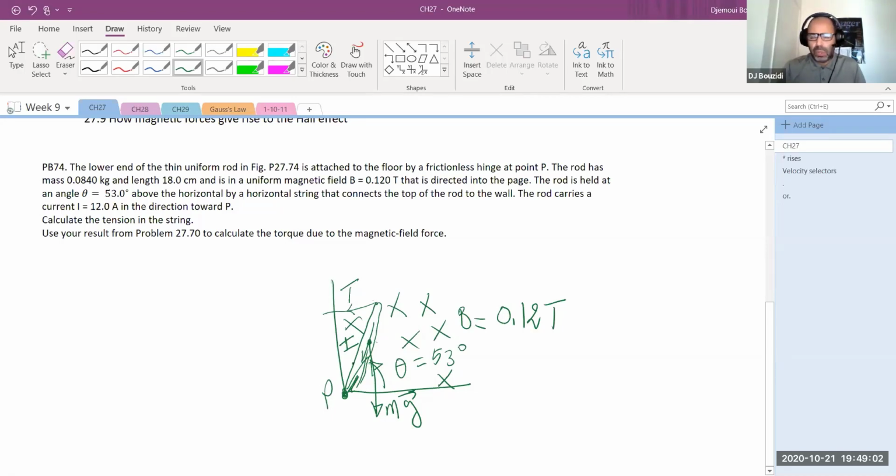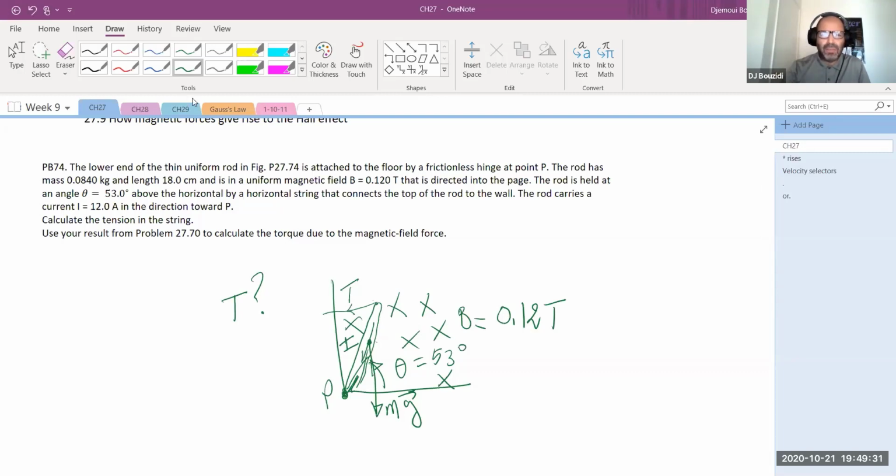We're supposed to find the tension T needed for this to stay in equilibrium. At the bottom, it says to use the example from chapter 27, problem 70. So let's try to solve this problem using what we know so far.